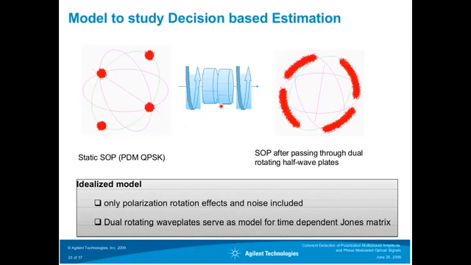By rotating those 2 wave plates, we end up with a state of polarization that is moving around. We have only introduced polarization rotation effects and noise in our model, and the dual wave plates are really the model of the channel matrix.